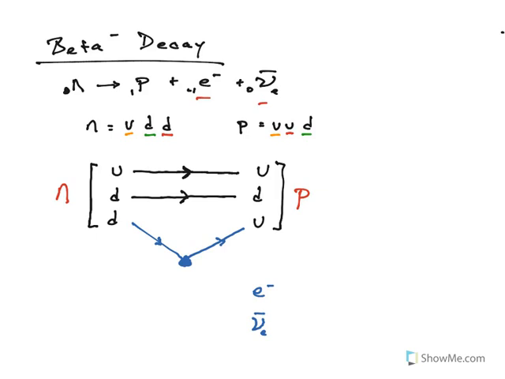So they're still waiting to be produced. So whichever mediator is changing my down quark into my up quark, whatever boson does that, it has to itself decay into the electron and the antineutrino. Okay? So something's going to come down here, and that thing is going to become these 2 things.